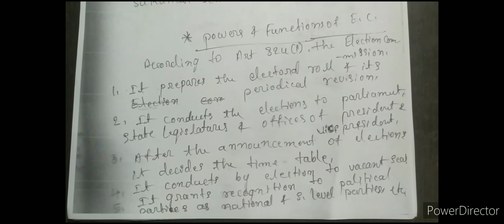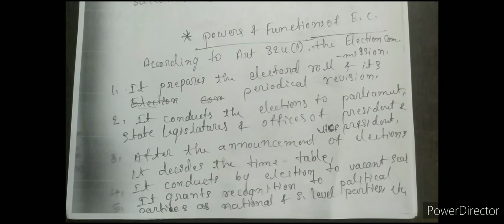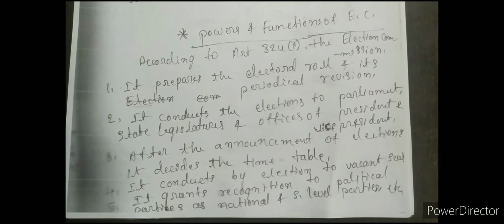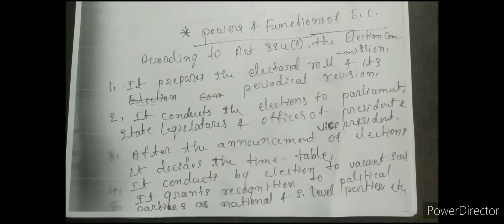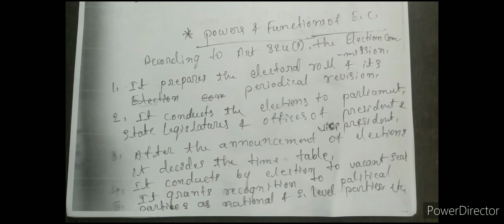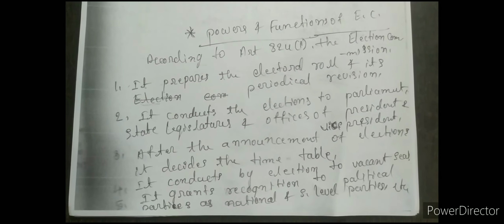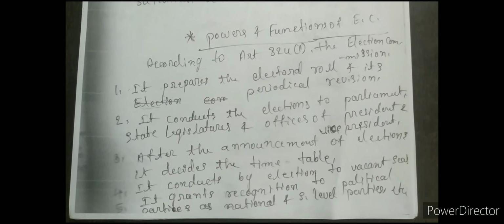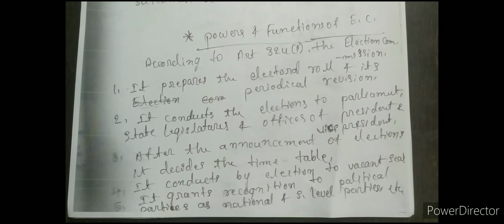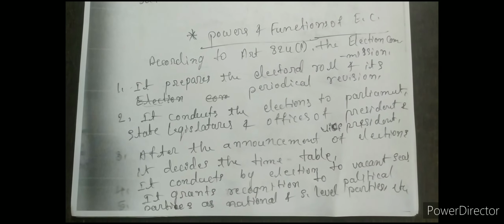Second, it conducts the elections to Parliament, State Legislature and the offices of President and Vice President. Third, after the announcement of the election, it decides the timetable. Fourth, it conducts by-elections to vacant seats.